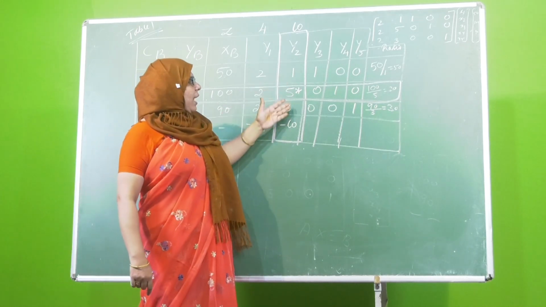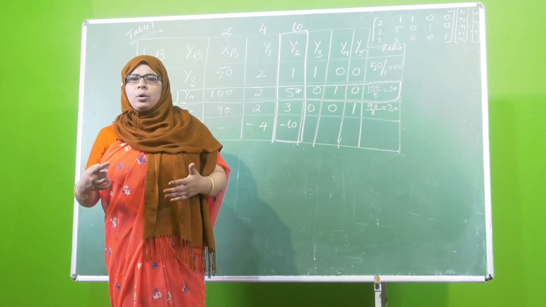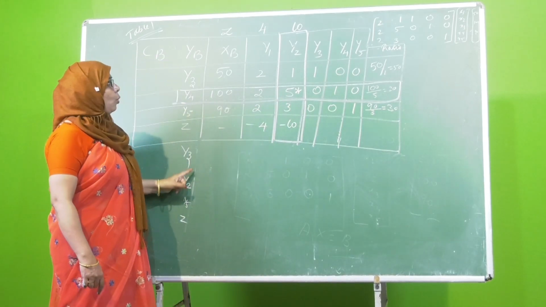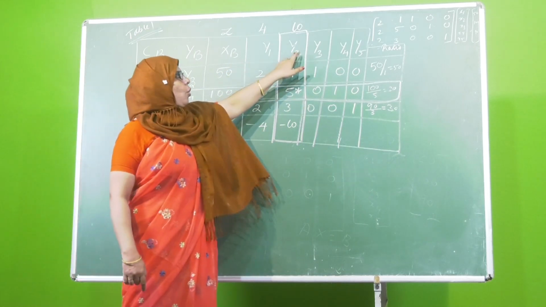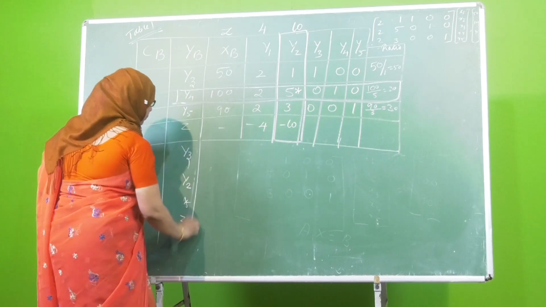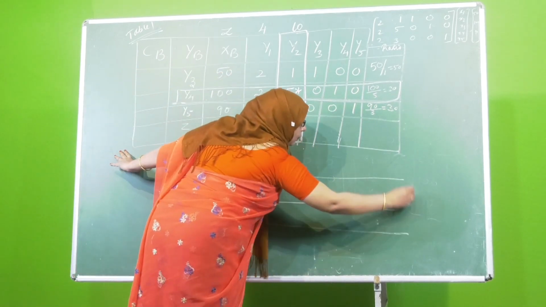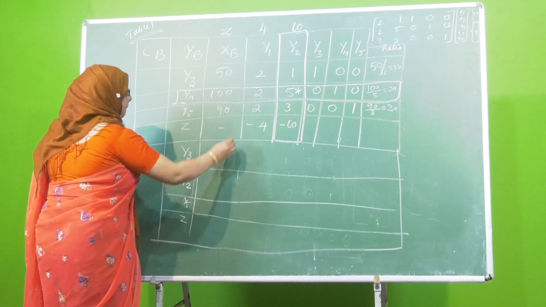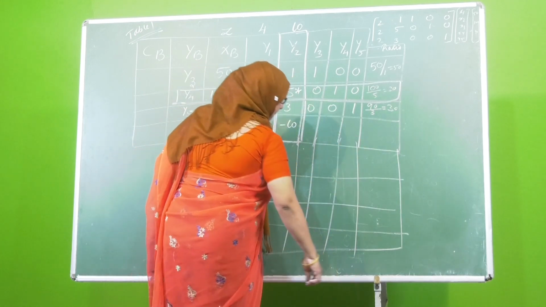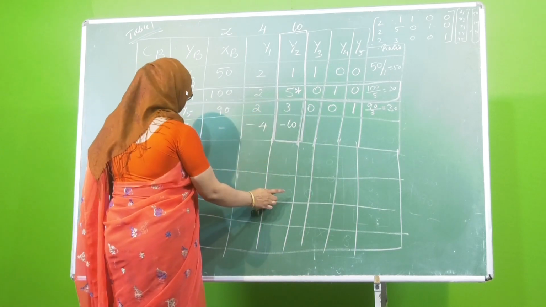So now we proceed to the next tabular column: the pivot element becomes 1, and the other corresponding values become 0. So what can we do? First of all, we change Y4 into Y2, because Y4 goes to Y2. So 5 becomes 1.